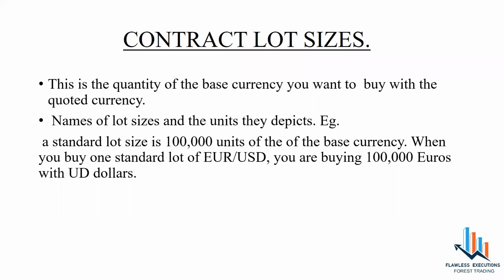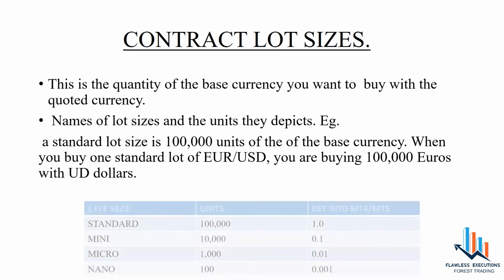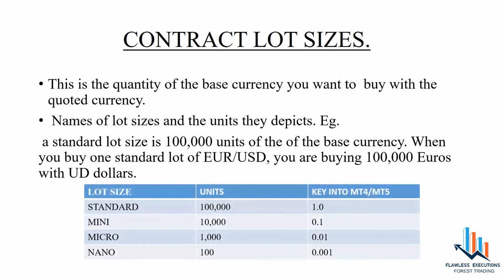So each and every lot size has the figure or unit it depicts, and how we key them in the forex trading platforms or software. The table shows we have 4 of them. We have the standard lot size, the mini lot size, the micro lot size, and the nano lot size.